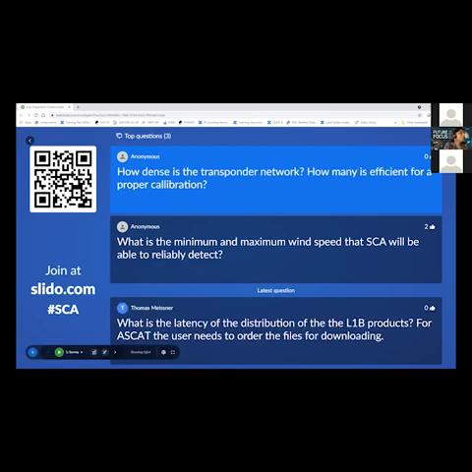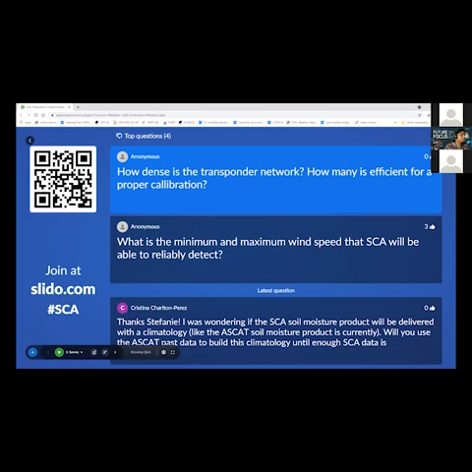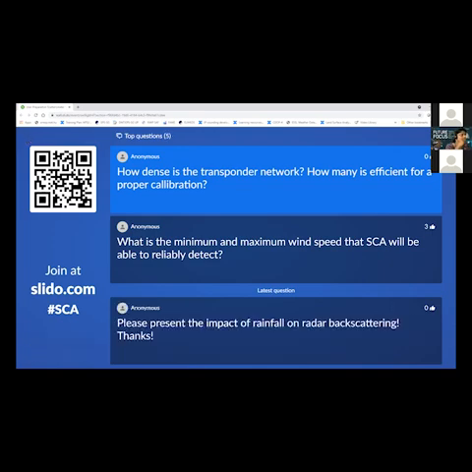There is one more. How dense is the transponder network? How many is efficient for a proper calibration? At the moment we are using 3 transponders, and this will stay like this.